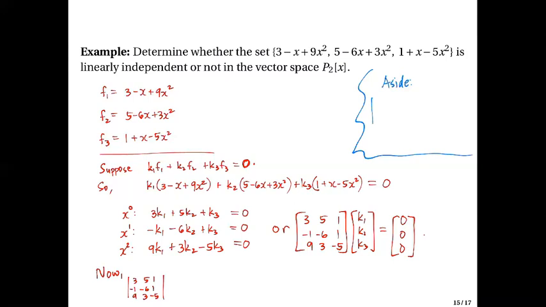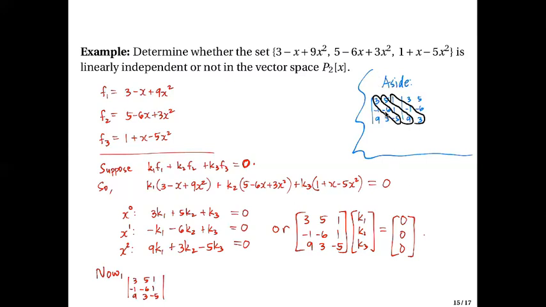We want to get the determinant of 3, 5, 1, -1, -6, 1, 9, 3, -5. And then we augment the first two columns: 3, -1, 9, 5, -6, 3. So going down here, then this guy here, and then this guy here.